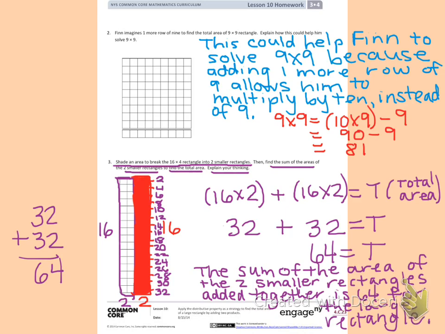So the sum of the area of the two smaller rectangles added together is 64 for the large rectangle.